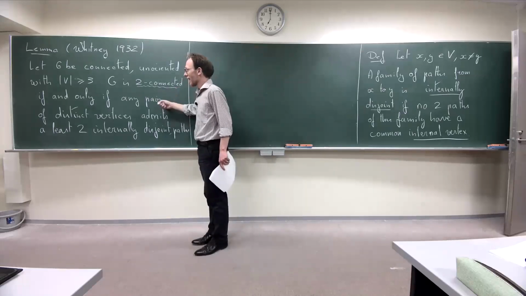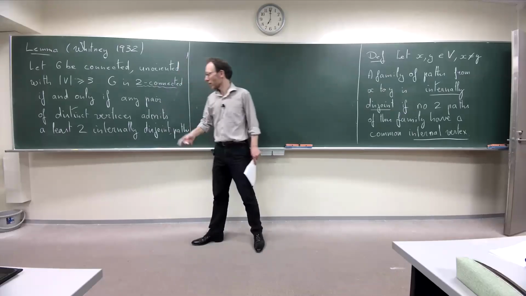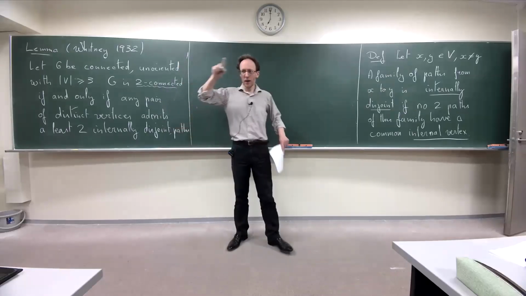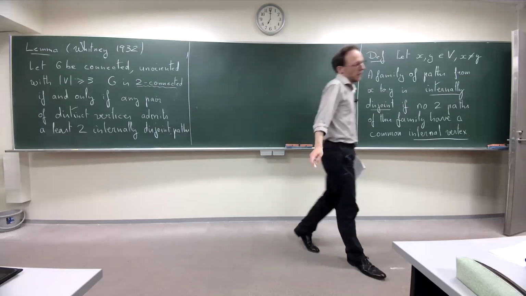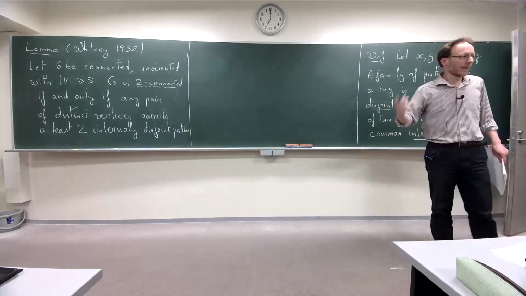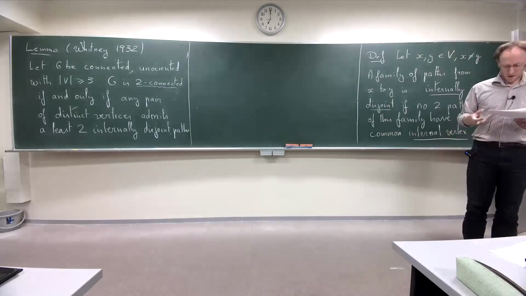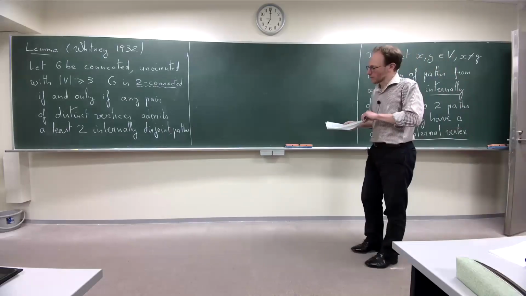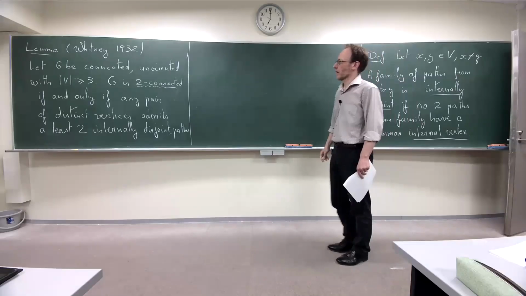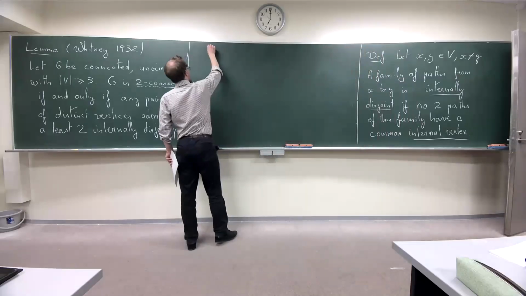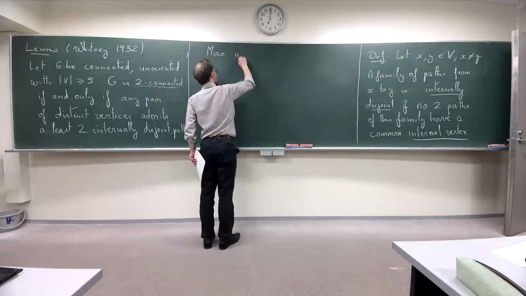And we can see that this is if and only if any pair of distinct vertices admit 2 disjoint paths. So you have 2 ways to connect these 2, which is quite natural and what you expect. Still, you can try to prove it. There is a more general statement. And again, it's not difficult, but it's interesting.